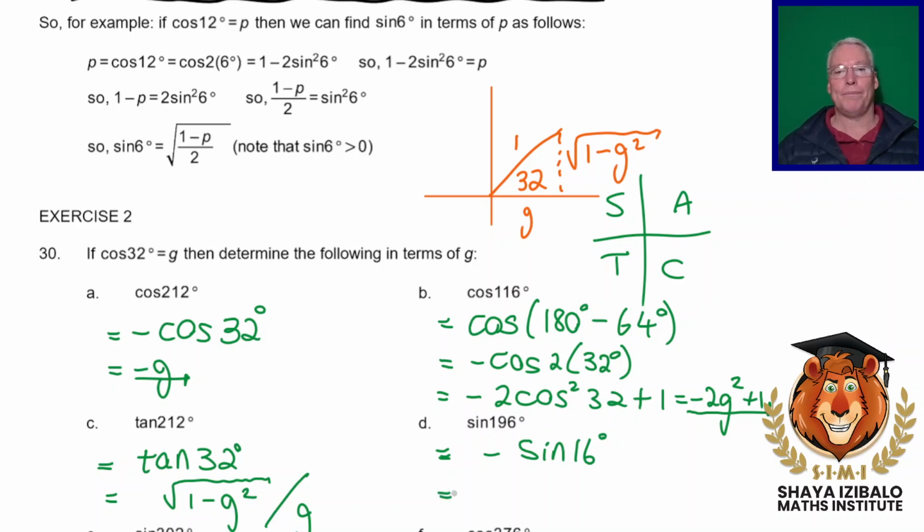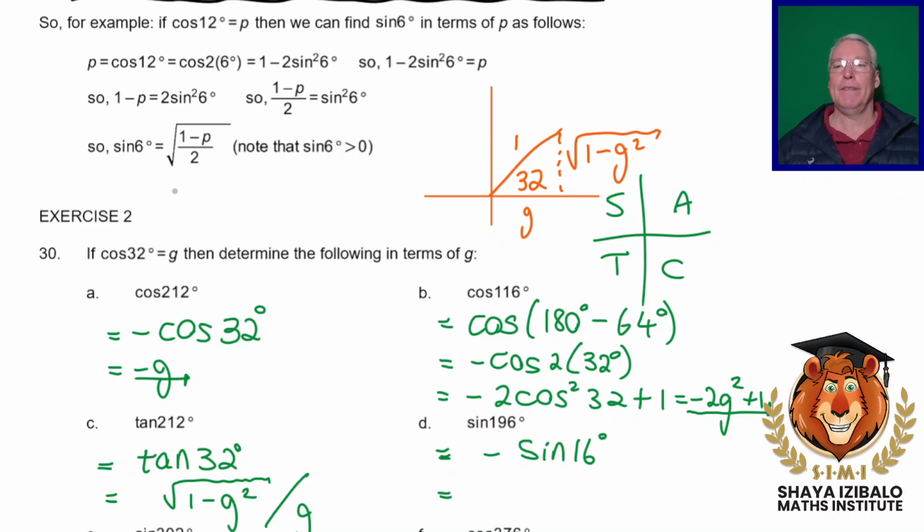Right? So let's just try and think about how we could do this now. We know that cos of 32 is cos of 2 lots of 16.